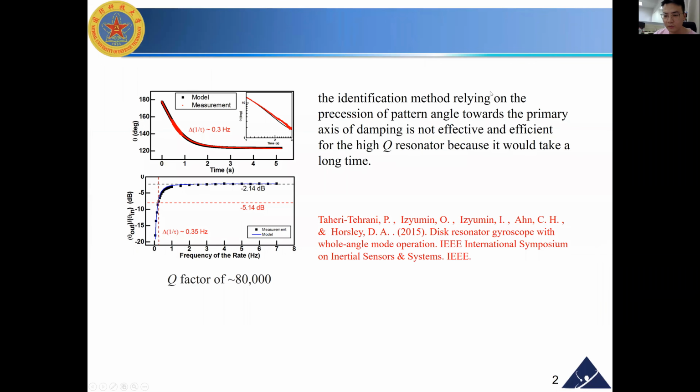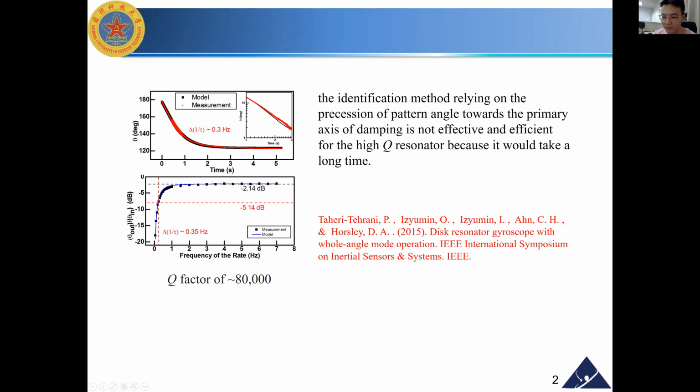As for the low Q factor gyroscope, as you see in the figure, the identification method relies on the precession of the pattern angle towards the primary axis of damping. It's not effective and efficient for the high Q factor resonator because it would take a long time to reach the damping axis.